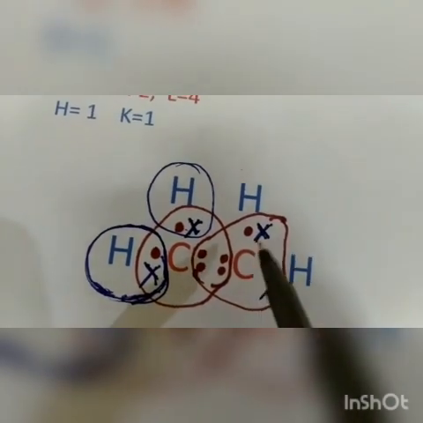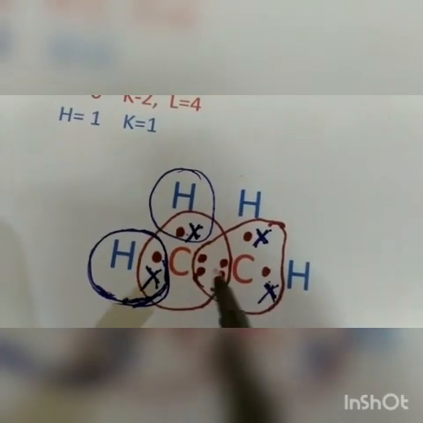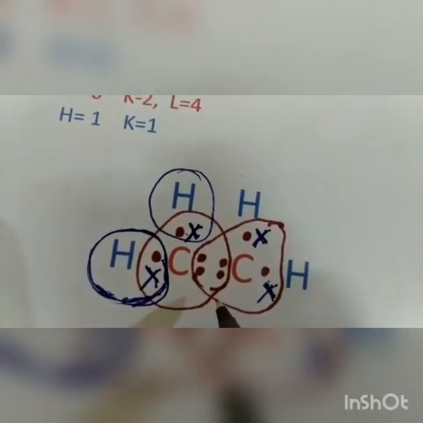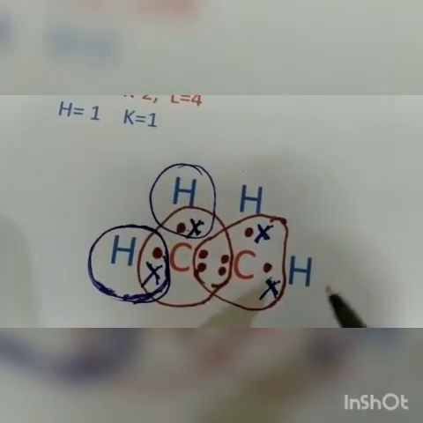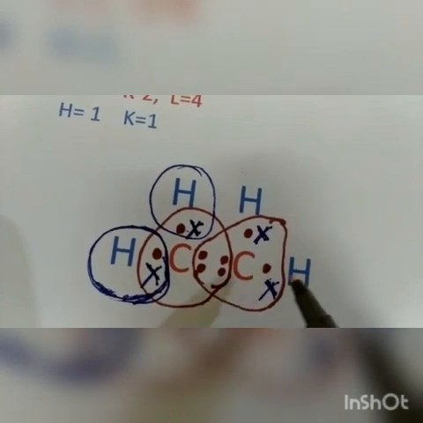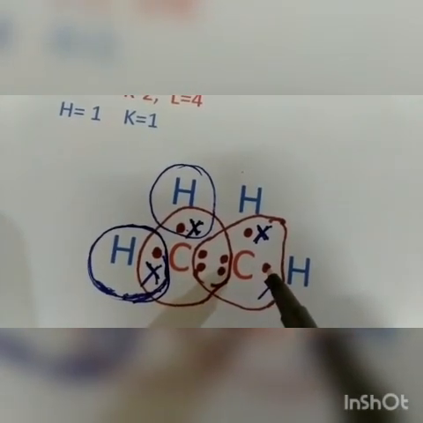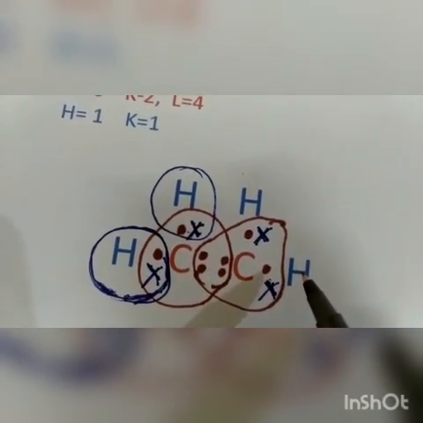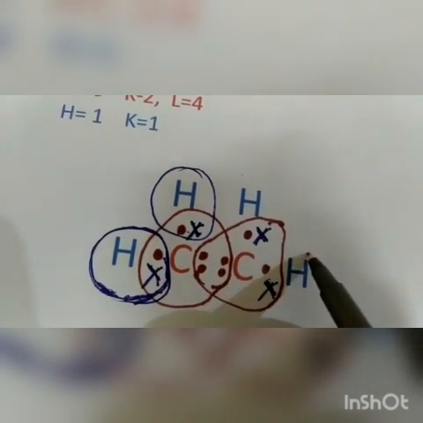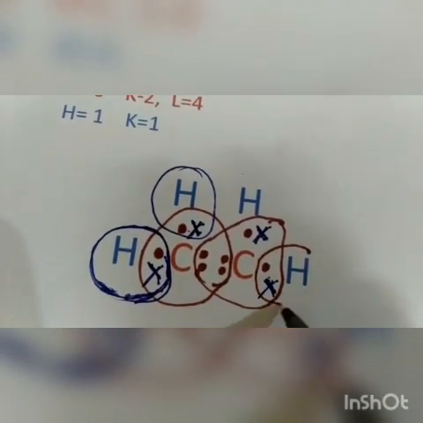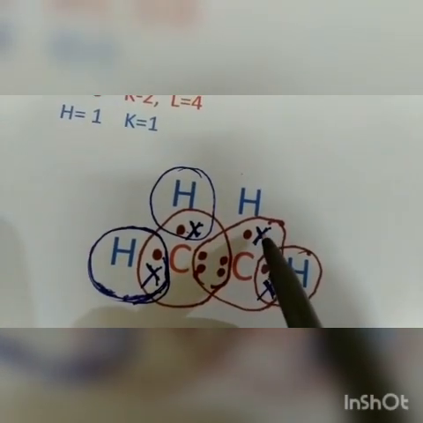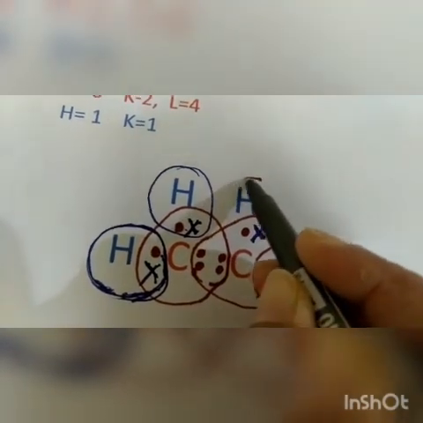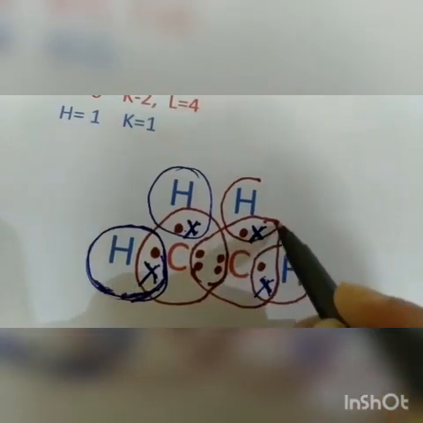Now you can see here 1, 2, 3, 4, 5, 6, 7, 8. So now second carbon is also having 8 electrons. Now same way this hydrogen also, carbon 2 will share this electron with this hydrogen. So this hydrogen will have 2 electrons. This carbon will share this electron with this hydrogen. So it will also have 2 electrons.